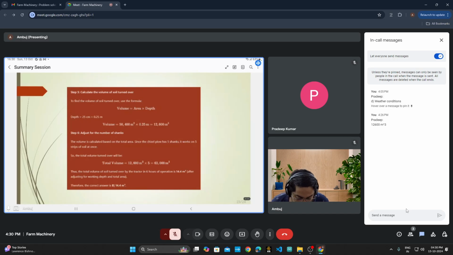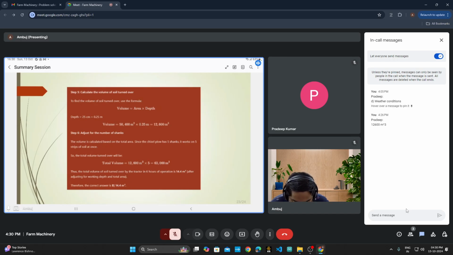So 50,400 multiplied by 0.25 will be 12,600 meter cube. This is the volume of soil that is getting turned. I think you got it correctly till this point. Nothing is wrong.